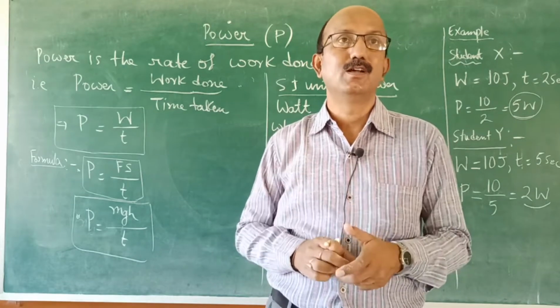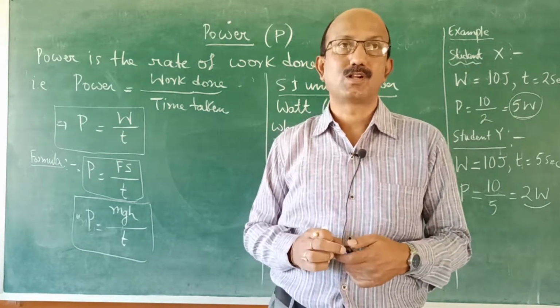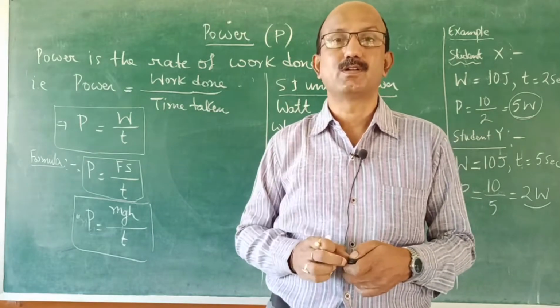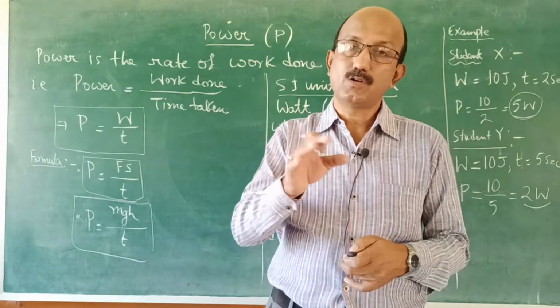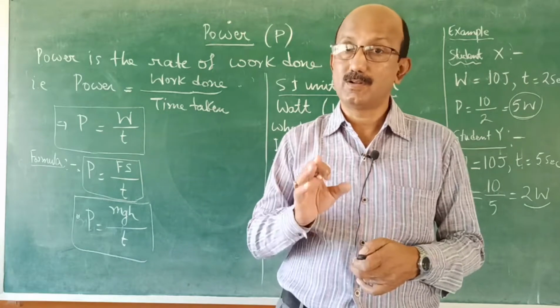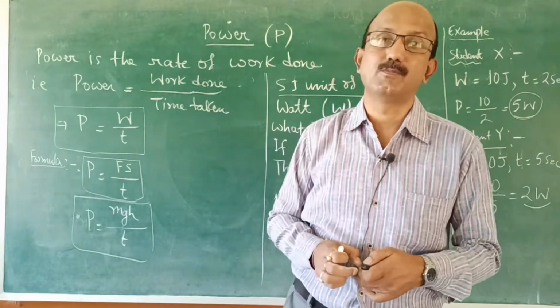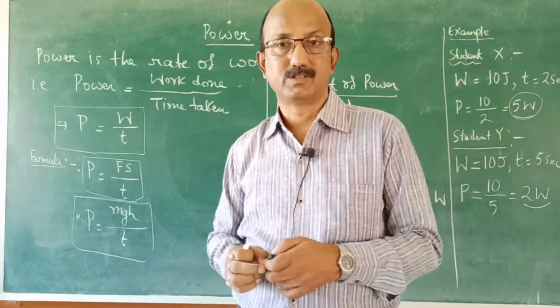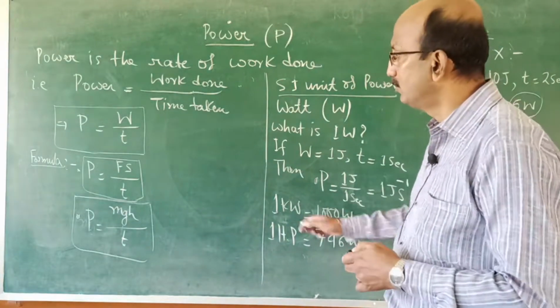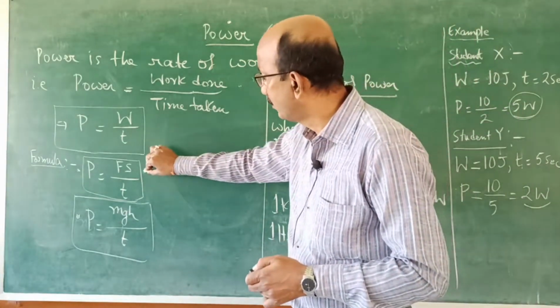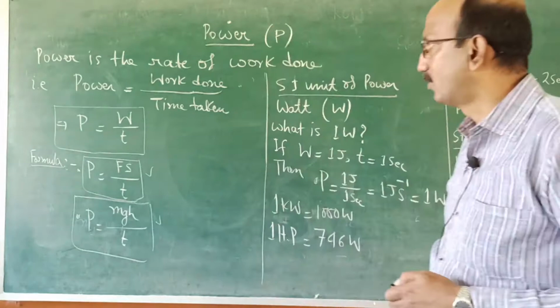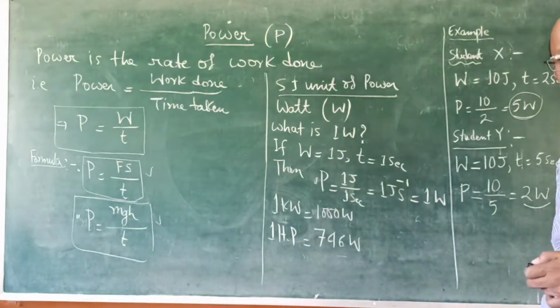But if you are using an electric motor or water pump of less power, it will no doubt fill the tank, but power is less, so it will take a lot of time to fill the tank. That is the difference. That is the meaning of power. So using this formula of power, we can solve some numerical problems.